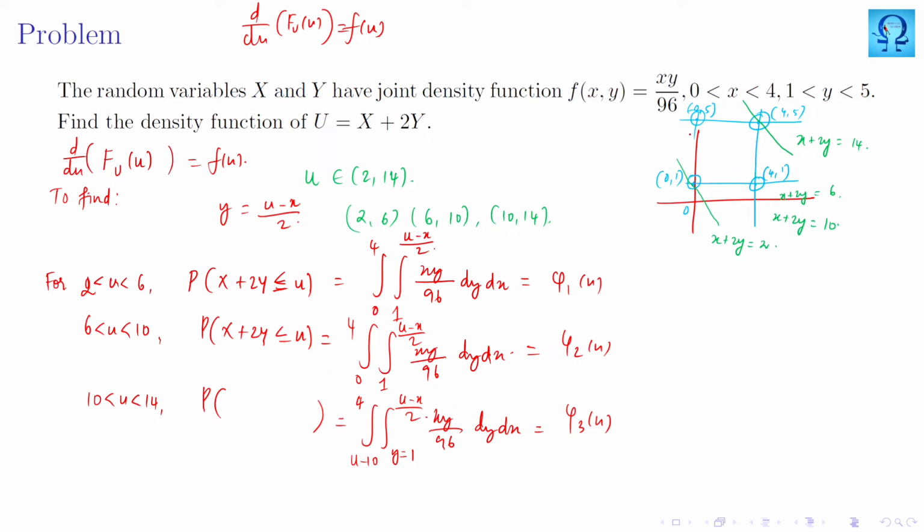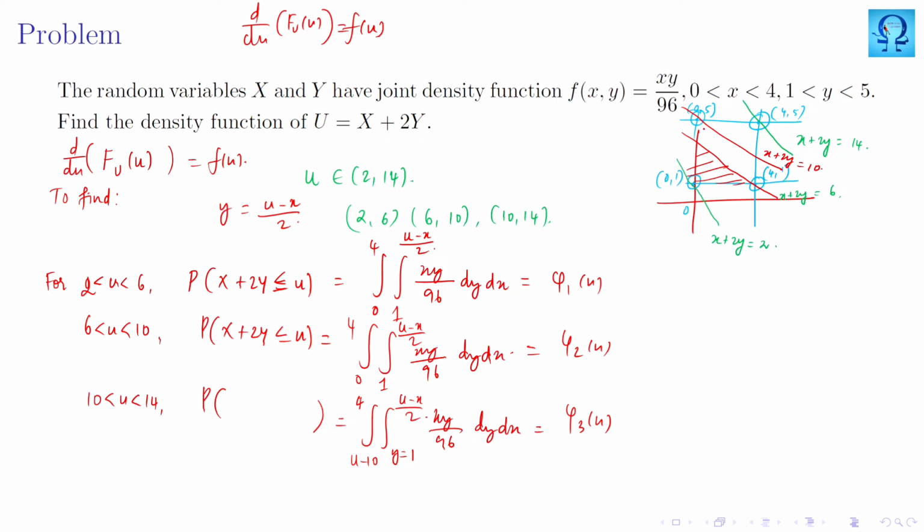Actually this line passes something like this, then this line passes, this is your x plus 2y is 10. So we have something like this. First of all, we try to find the probability in this region, that is this one.